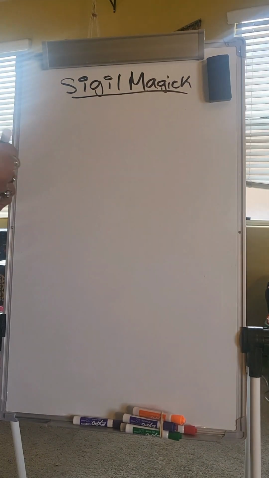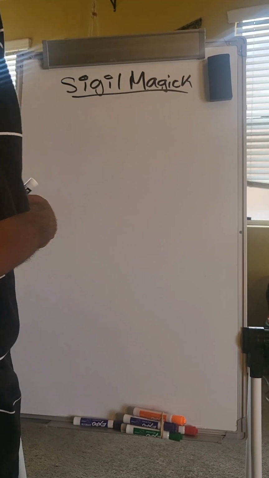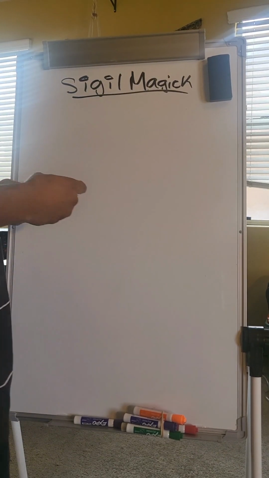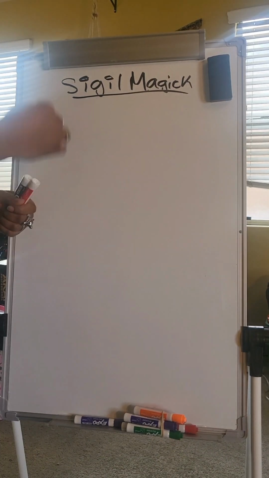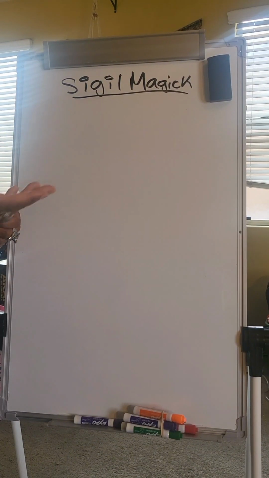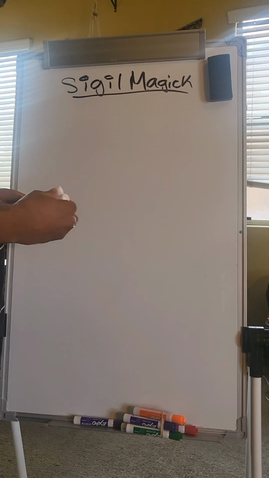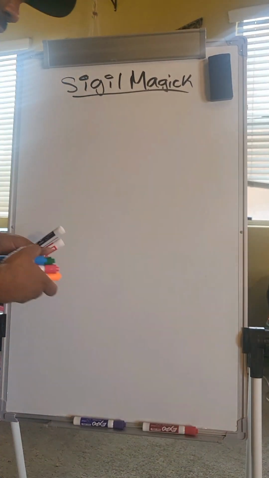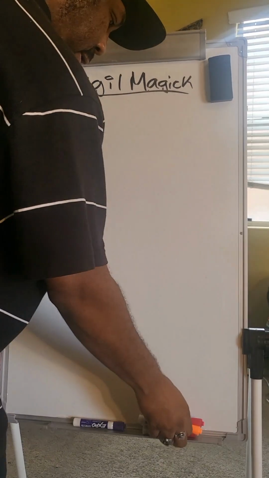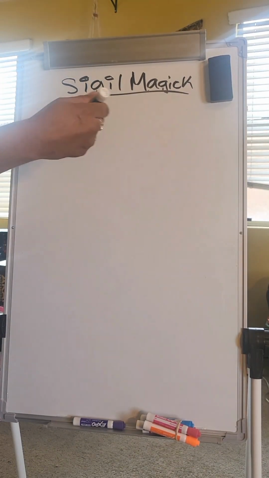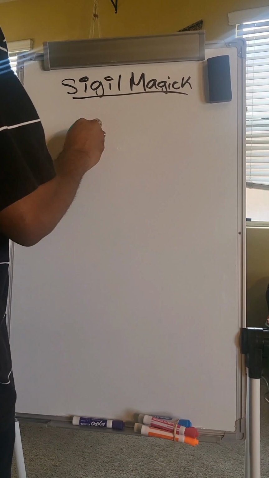So, another way to do sigils, okay, which is pretty much along the same lines, you're just adding particular layers to be able to do it. But if we were to put a word, growth, right?